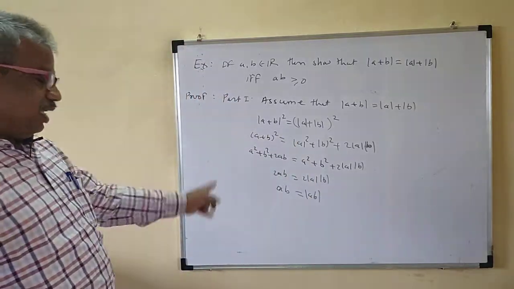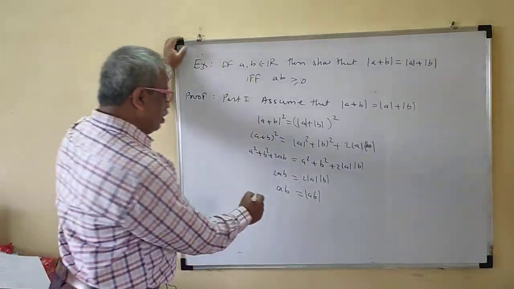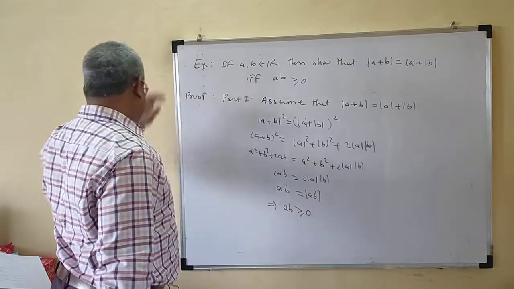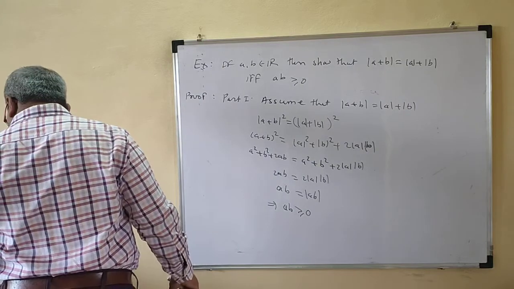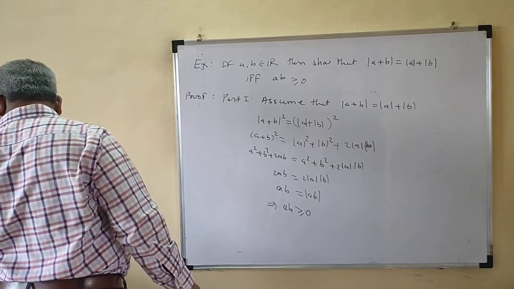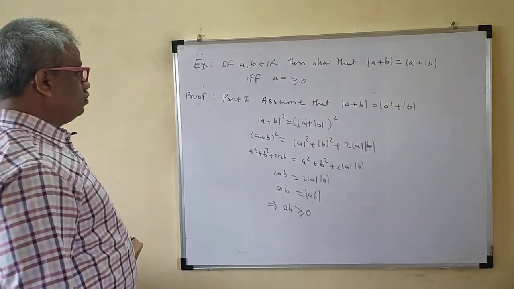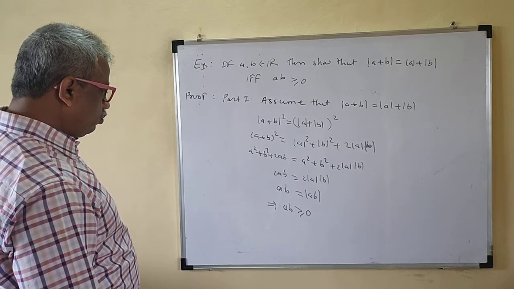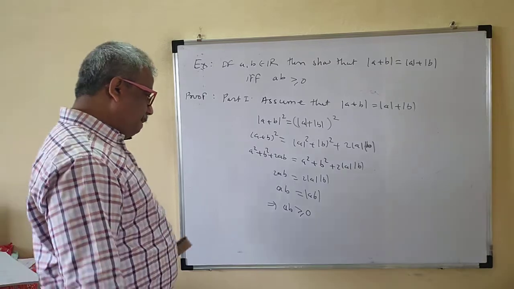Okay. So mod ab is ab. So this implies that ab is greater than or equal to 0. So it is obvious.